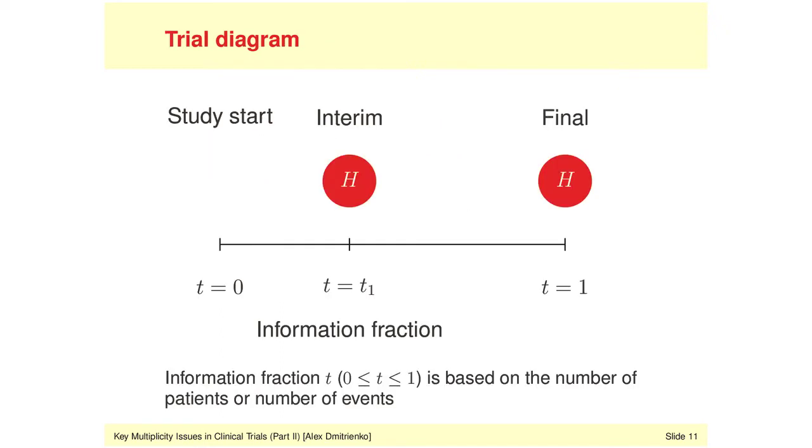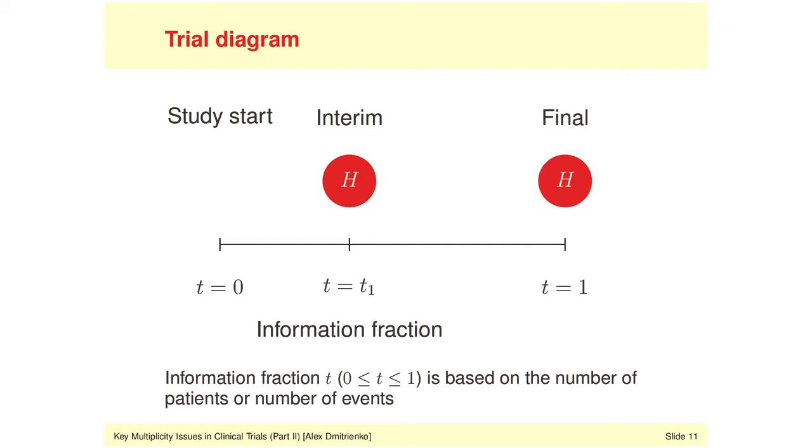Here's a diagram that captures key points about traditional group sequential trials. We will be using similar diagrams multiple times throughout this module, so let us spend some time on familiarizing ourselves with the general setup of this diagram. First of all, we see a time axis, or in general this would be the information axis.